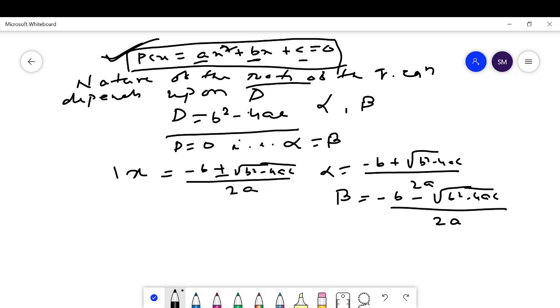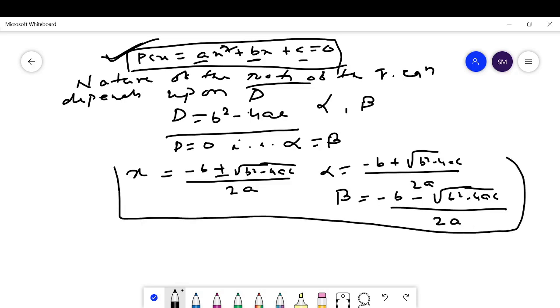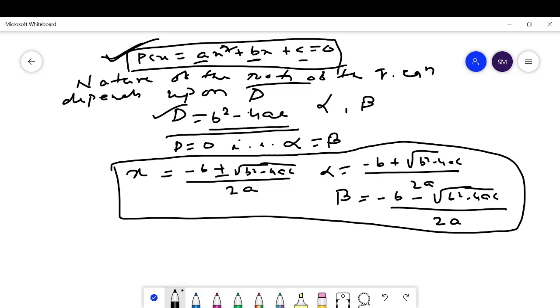When b square minus 4ac is equal to 0, when D is equal to 0, this factor is equal to 0, then alpha is equal to beta, which is equal to minus b by 2a.